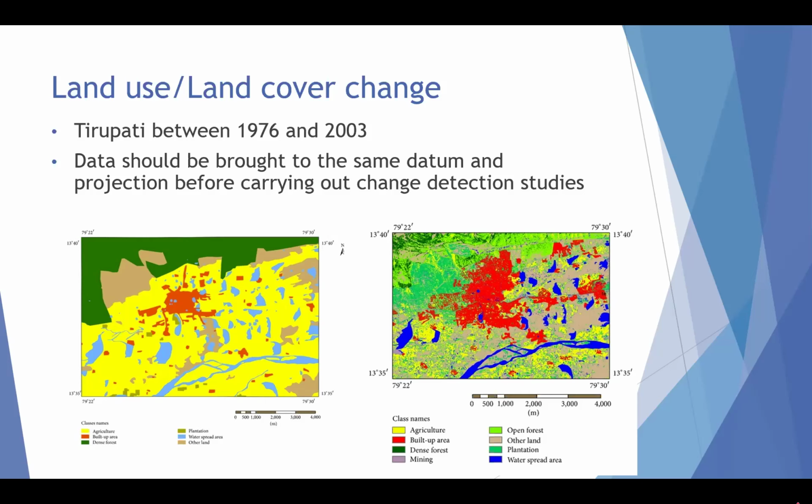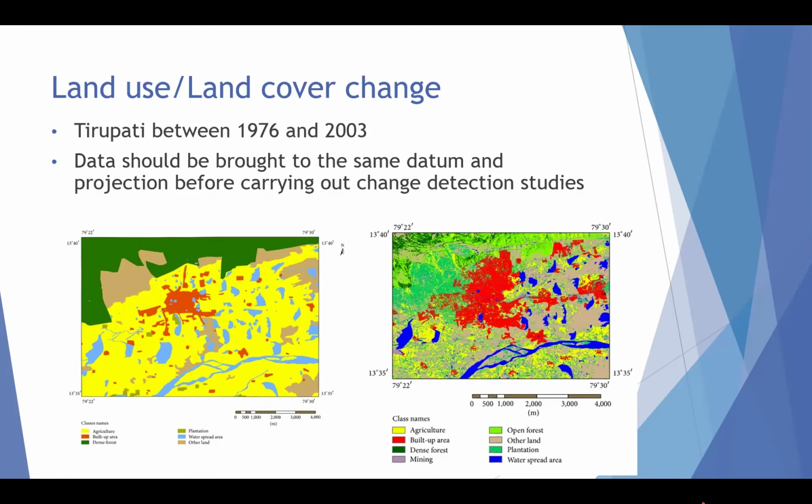So for example, if I keep on urbanizing the watershed, then my surface runoff is going to increase, right? So I need to see that my land use, land cover is not changing drastically, and if at all it changes, how it is going to affect hydrology.